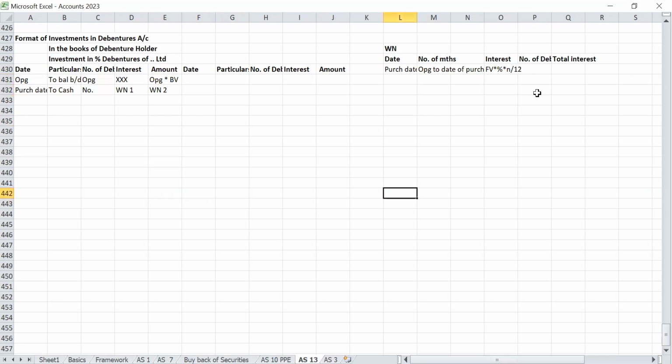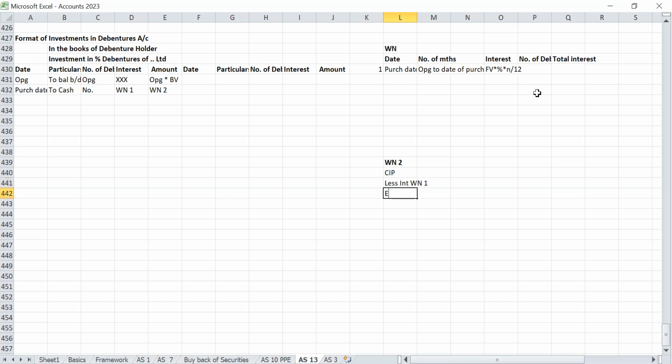Cost, how to compute? Working note number 2: cost of the debenture will be the cum interest price, if it is given. From that cum interest price, which includes interest, less interest as per working note number 1.